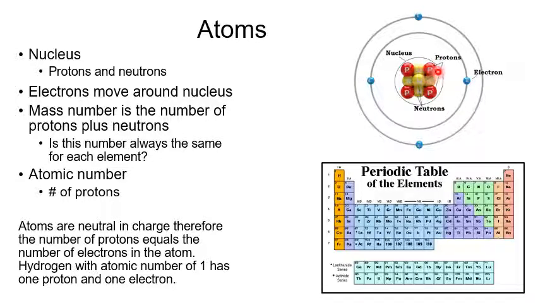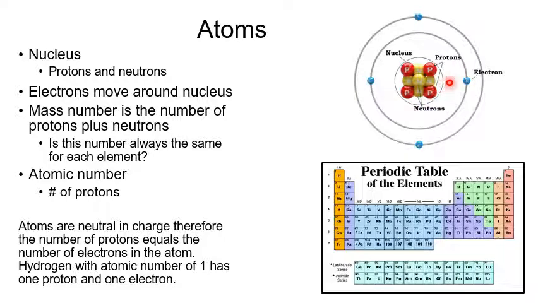Protons have a positive charge, and neutrons are neutral, not having a charge. So the nucleus, made up of protons and neutrons, has a positive charge to it.